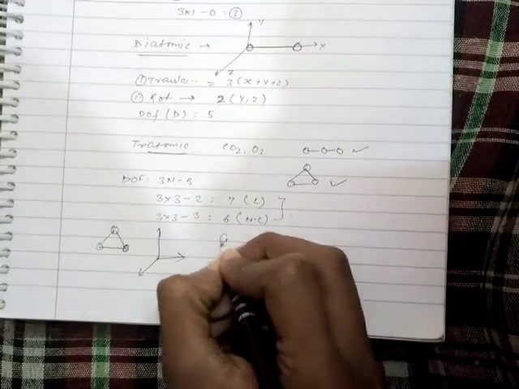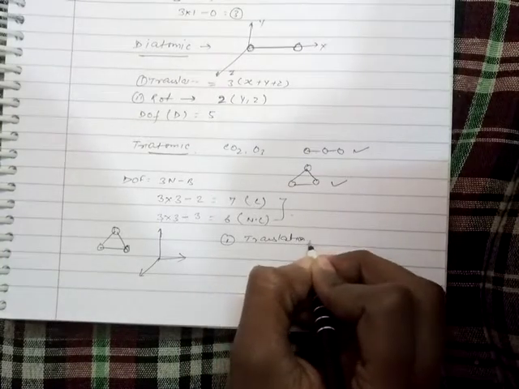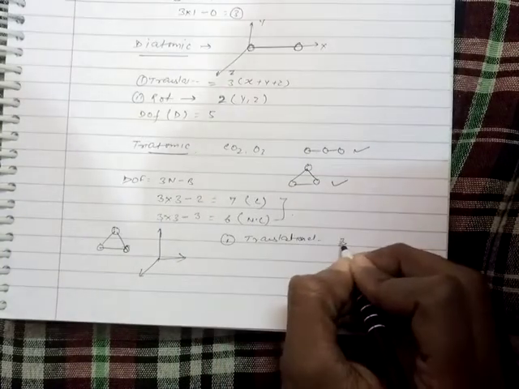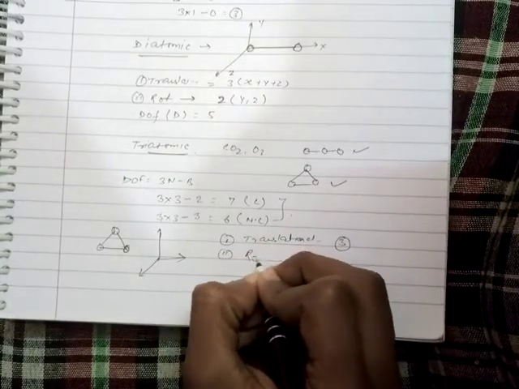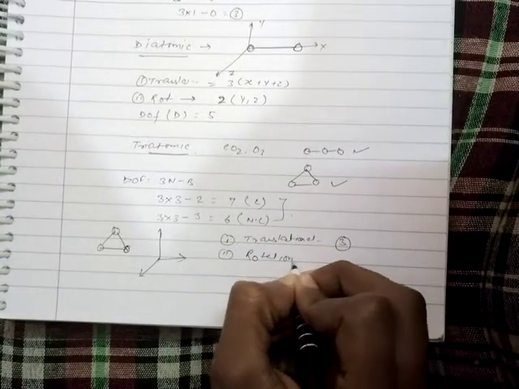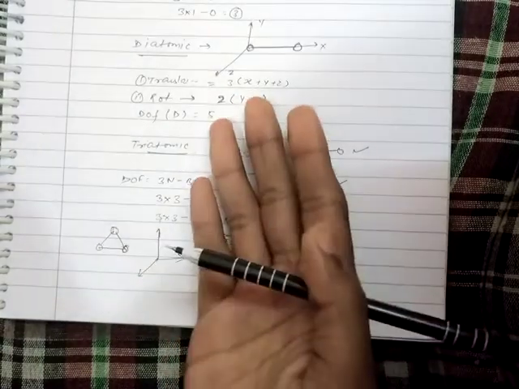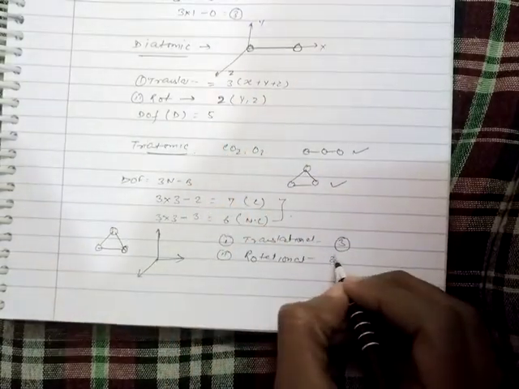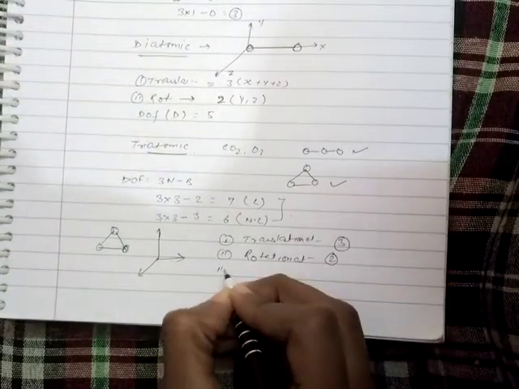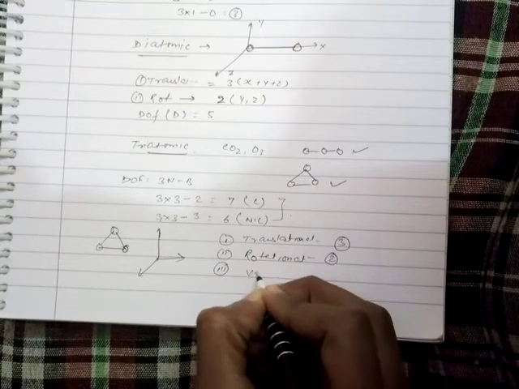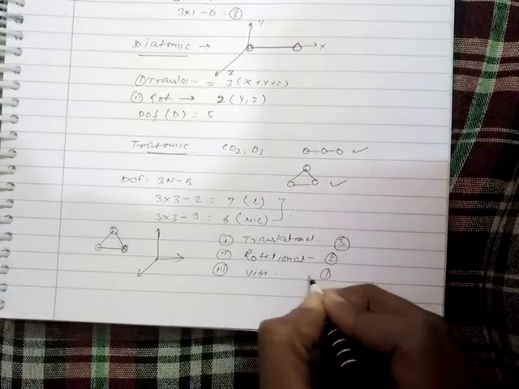See, the first one will be translational, and it will be equal to 3. The second one is rotational. If it is present in the x-axis, similar to the case of diatomic molecules, it will show 2 of the remaining axes. The third one is vibrational, which will be equal to 1.